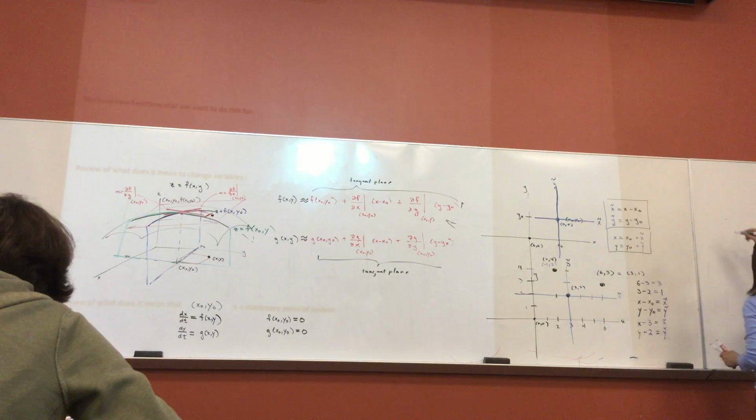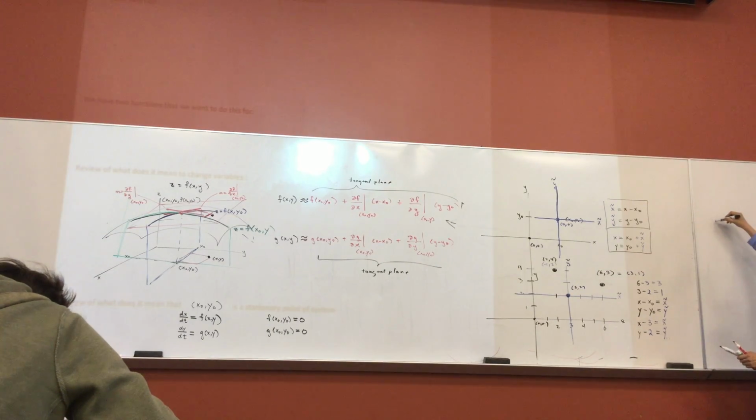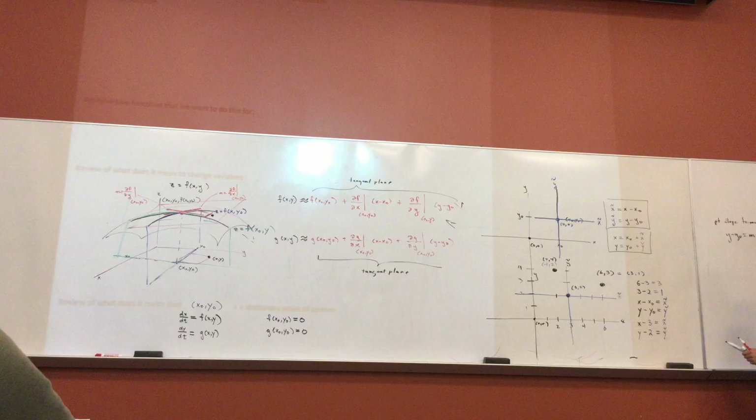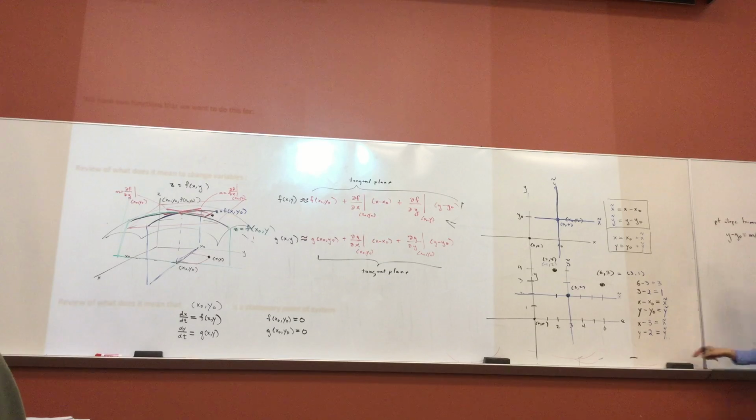Remember how back in pre-calculus, whenever we did the point slope formula, y minus y naught equals m times x minus x naught? Remember this? Some calculus teachers, when they say find the slope of the tangent line, say you don't have to simplify it to y equals mx plus b.